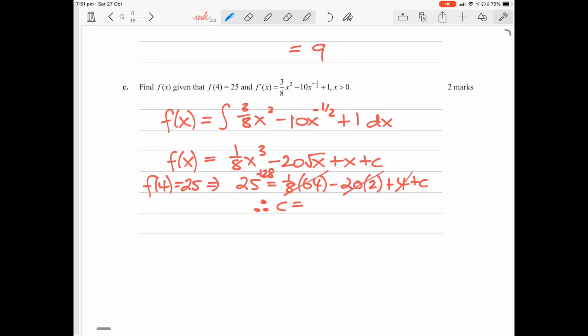Bring it to the other side, it's plus 28. So c equals 53. So therefore, f of x is 1 on 8 x cubed minus 20 root x plus x plus 53.